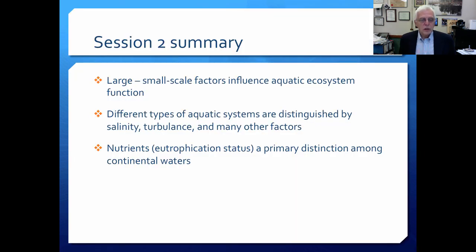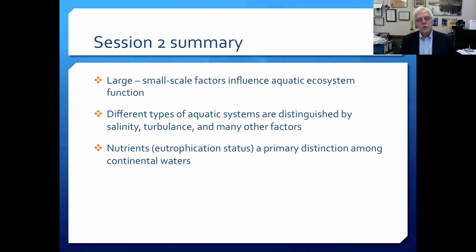So a summary of session 2 is quite simple. There are large and small scale factors that influence the function of aquatic ecosystems. And second, we looked at the very different kinds of aquatic systems and found that they're distinguished by things like salinity and turbulence, but then a whole host of other kinds of factors determines who can live in the system and how it functions, what the rates of primary production and secondary production and fish growth are, and so on.